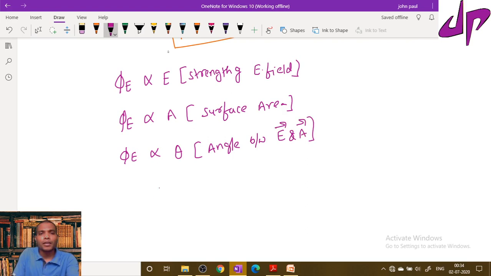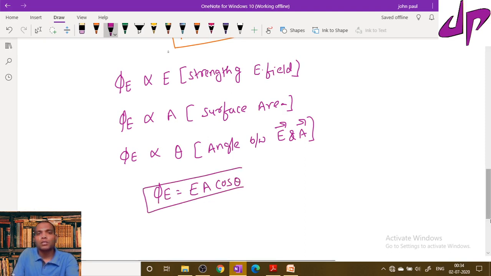So together we can write flux φE equals E A cos theta. So this is the electric flux concept.